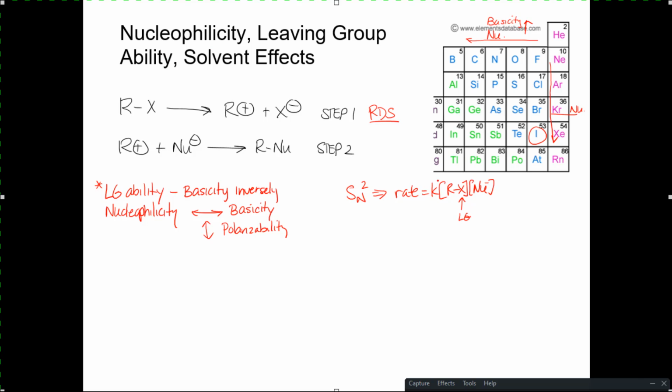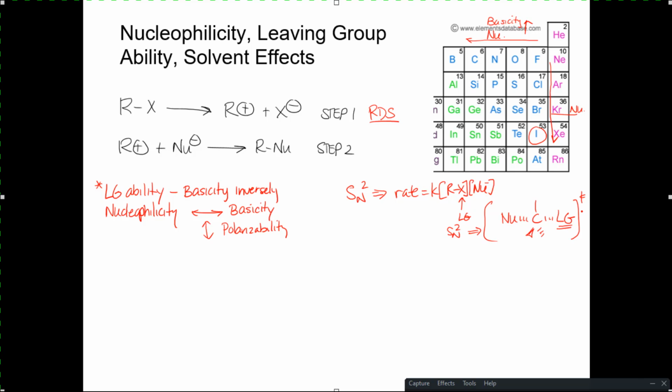And how would having a better leaving group affect the rate? Well, if you think about it in terms of the transition state, we have our nucleophile partially bonded to the carbon with the leaving group leaving. Here's our trigonal bipyramidal geometry of our transition state for the SN2 reaction. So a better leaving group, how would that affect the rate?